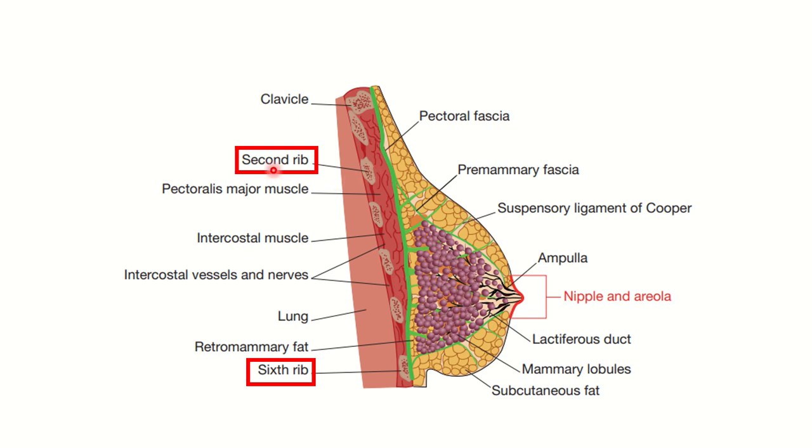Here we can see it extends from the second rib up to the sixth rib, and this is the inframammary line or inframammary fold. Some other important structures include the suspensory ligament of Cooper. Here you can see the suspensory ligament of Cooper, and it extends from the dermis of the skin up to the pectoral fascia.